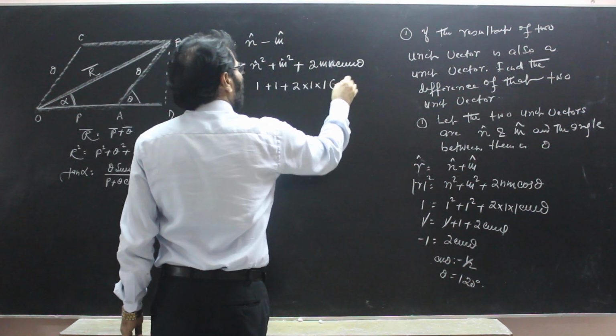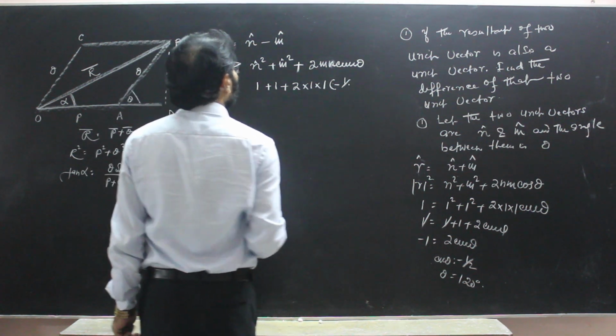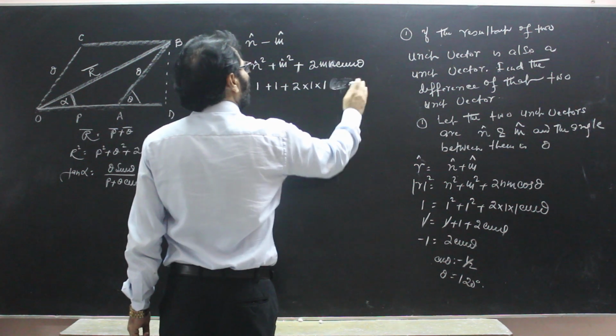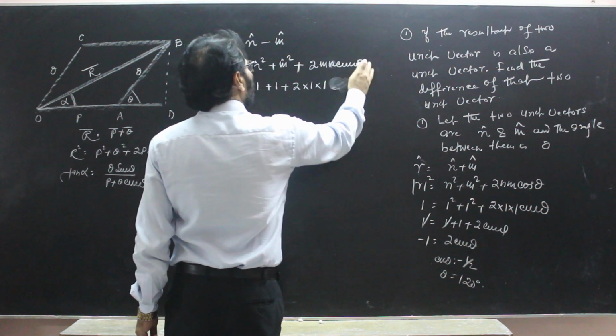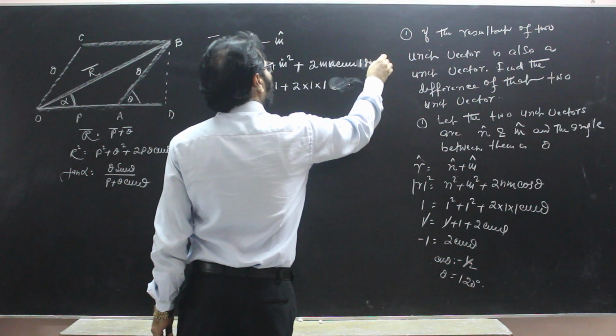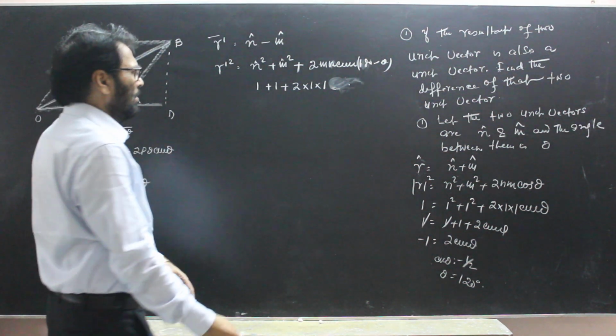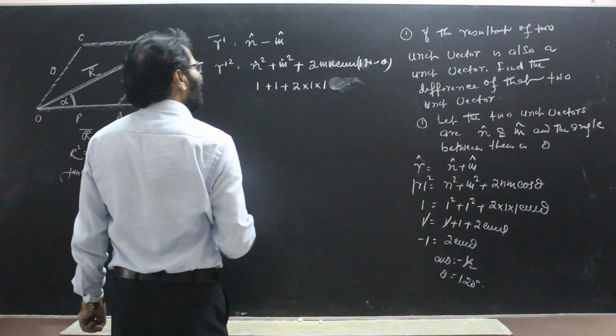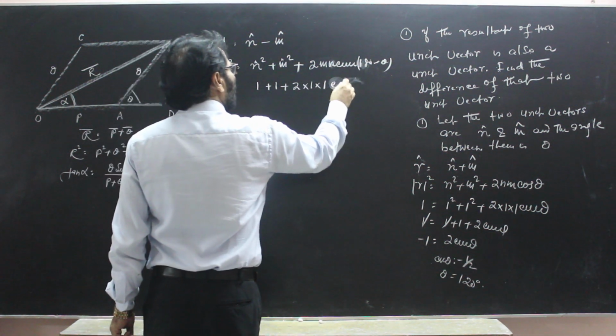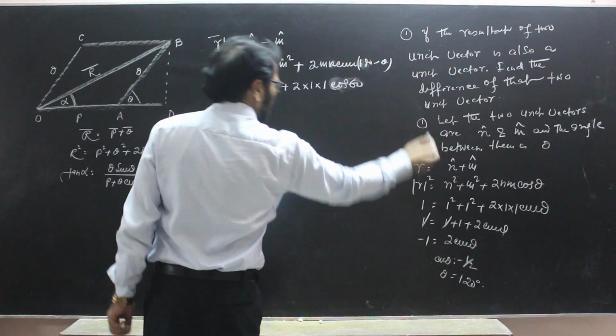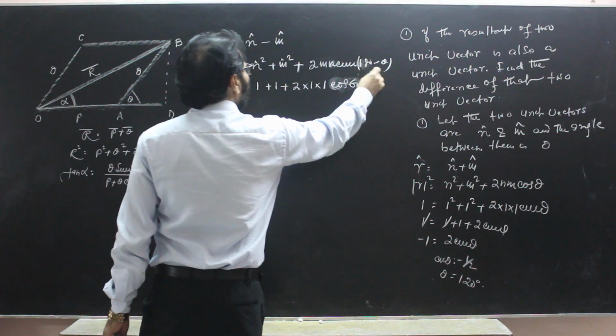So cos 120, this is 60 degree, cos 60, because theta is 120, 180 minus 120.